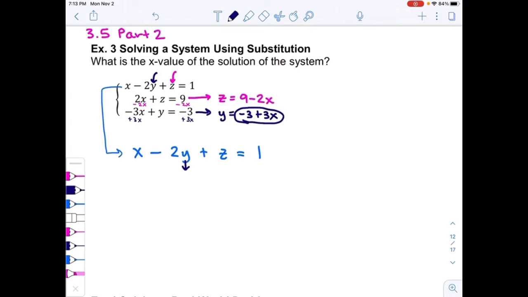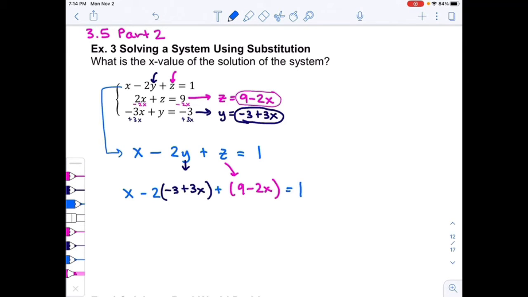So that means in place of that y, we'll have an x minus 2, and if I take out y and replace it with a negative 3 plus 3x, then I have plus, in place of z, we said z is going to be a 9 minus 2x. So I have a 9 minus 2x, and that all is equal to 1. So you see what we did? We're going to substitute an expression for the y value. We're going to substitute an expression for the z value. And then we can go ahead and just solve this out and see what we got.